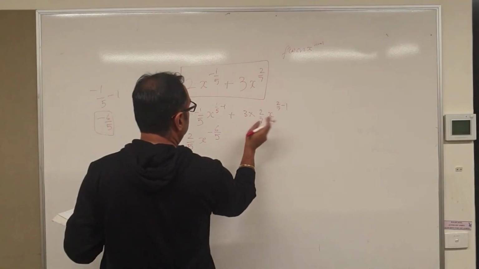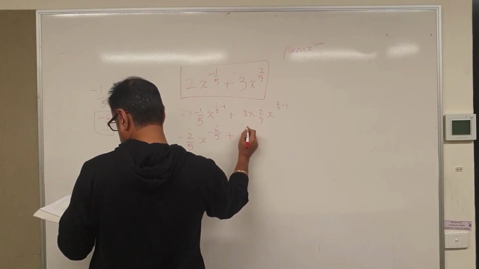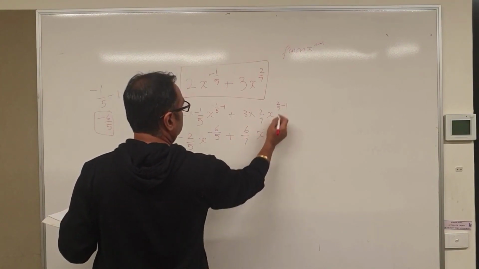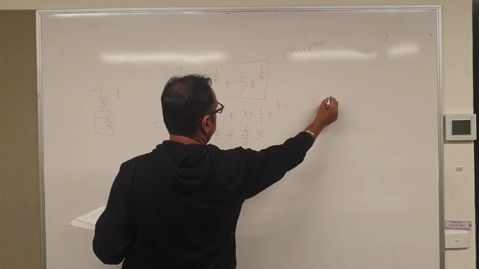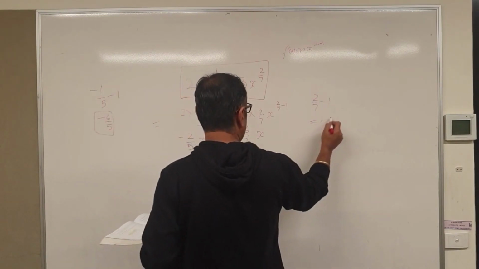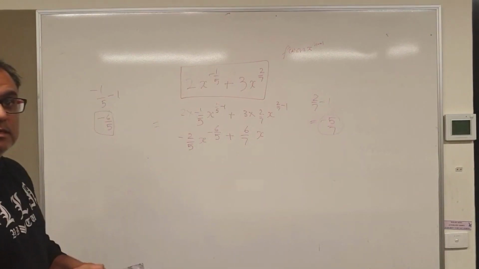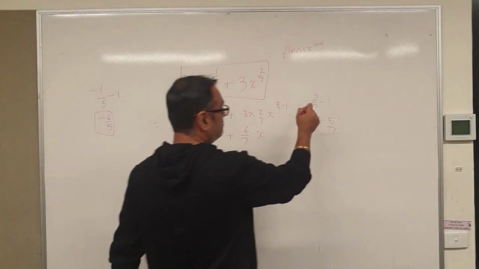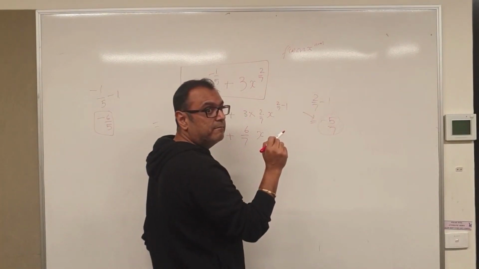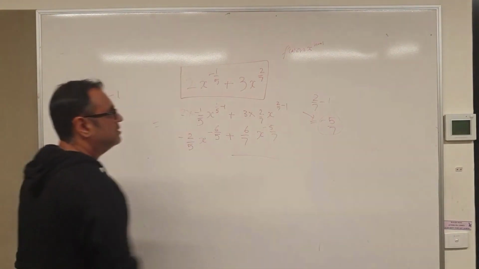Similarly here, 3 times 2 is 6, 6 over 7. And what is 2 over 7 minus 1? It is negative 5 over 7. Does it make sense? And you want me to show how this is negative 5 over 7? I'm happy to do that. 100%? That's it. That's the answer.